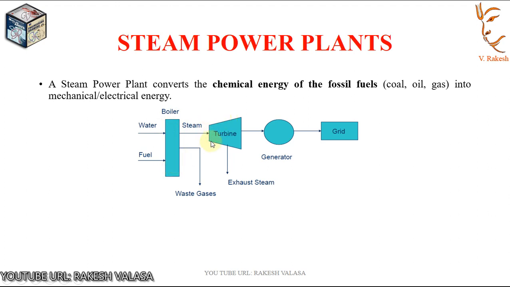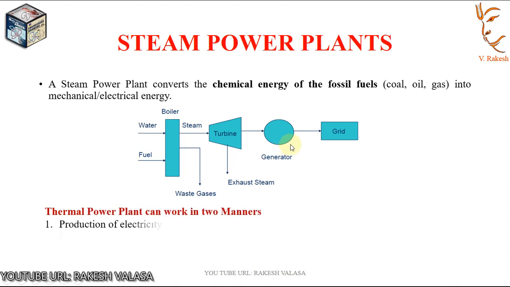The high pressure and temperature steam is used to rotate the turbine blades. The turbine shaft is connected to the generator. The generator converts the kinetic energy into electrical energy.